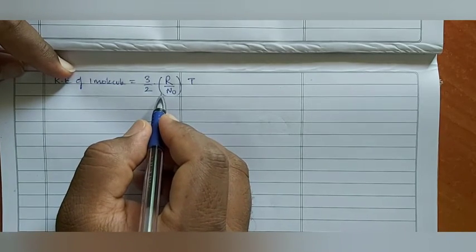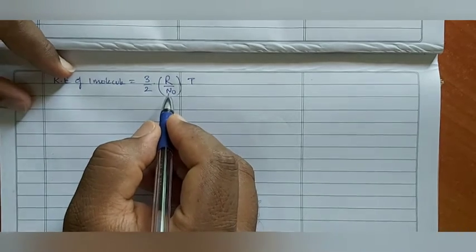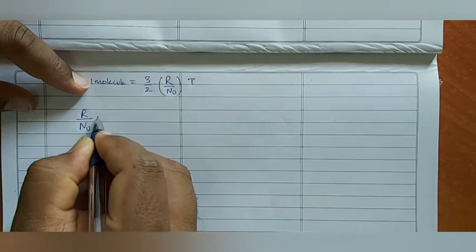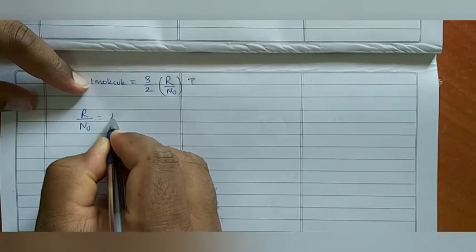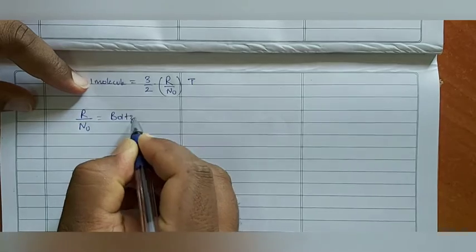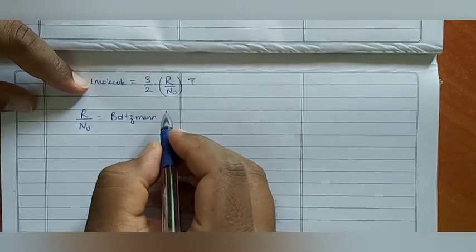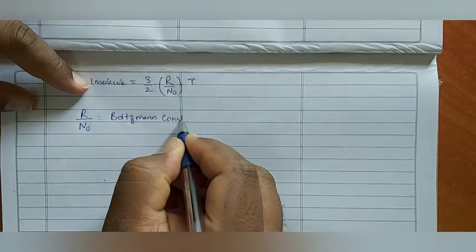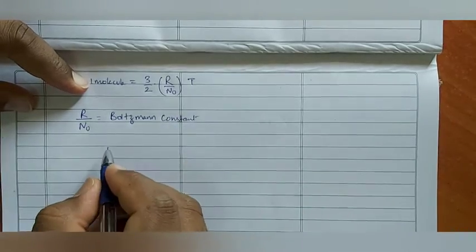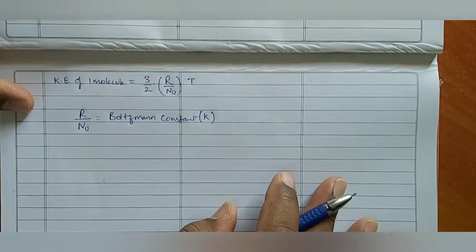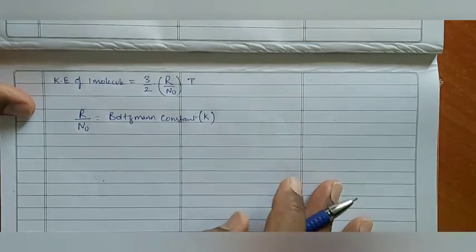N naught is also 6.023 into 10 power 23. It is a constant, where R by N naught is equal to one more constant which is called Boltzmann constant, which is represented by K. Boltzmann constant is represented by K.